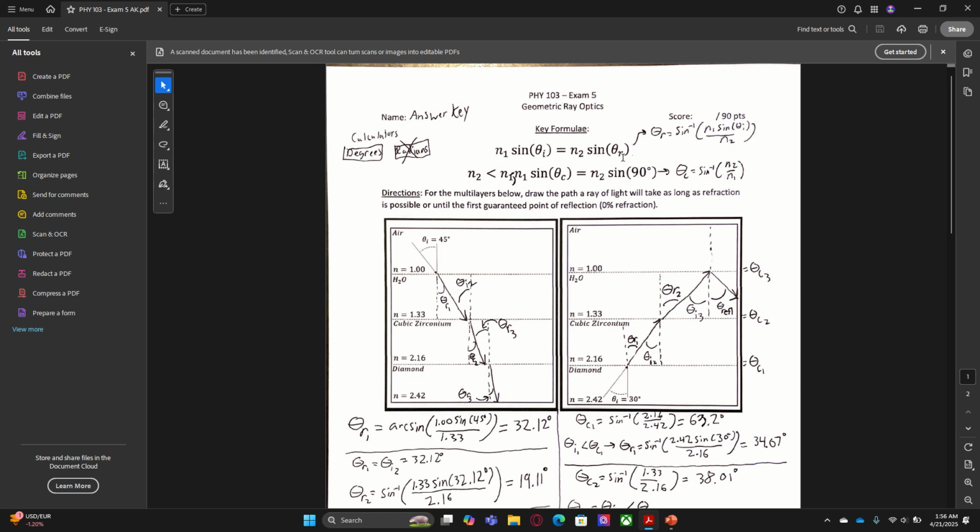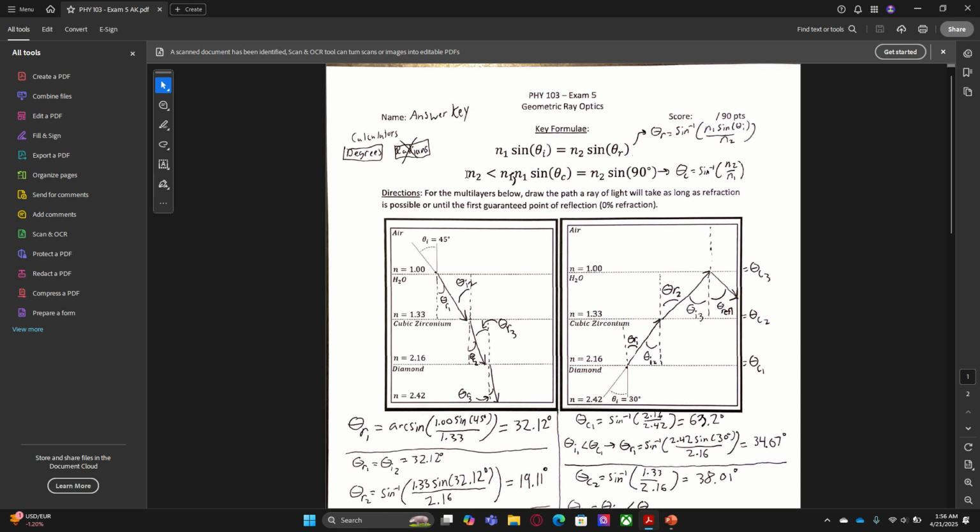Rearranging these to solve for theta R, that'll be arc sine or sine inverse, either button on your calculator, of n1 sine of theta I over n2.